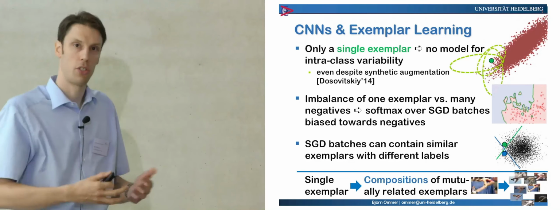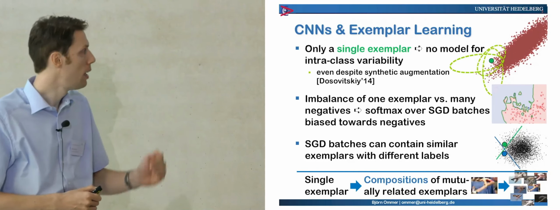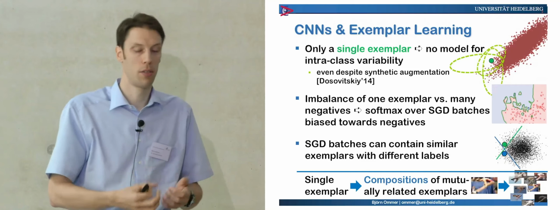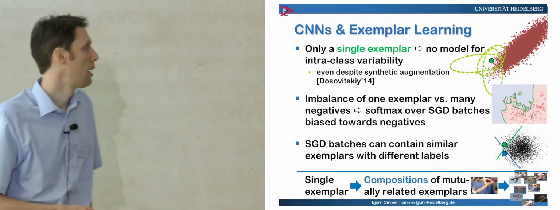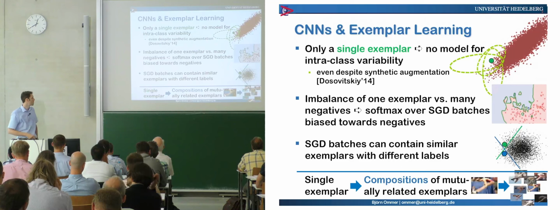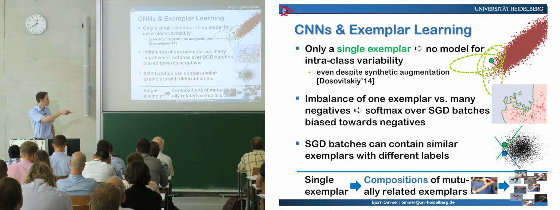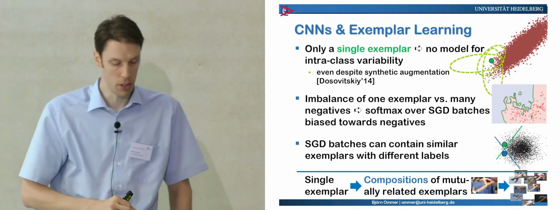So in your SGD training, however, you then also try to separate between the blue and the green sample, although they are the same, so you will have a lot of training relationships that you should not actually train against another. So in short, what we seek is we want to move away from the single exemplar and want to gain a composition of samples, so that we're not just having the single poster here, for instance, but a lot of related posters, but they should be all mutually related, not just to the single exemplar that you're starting with.